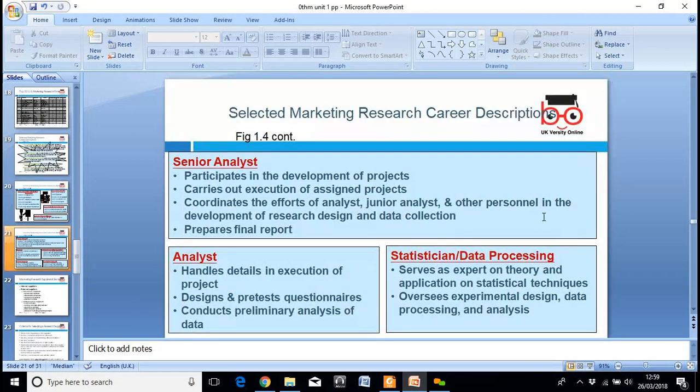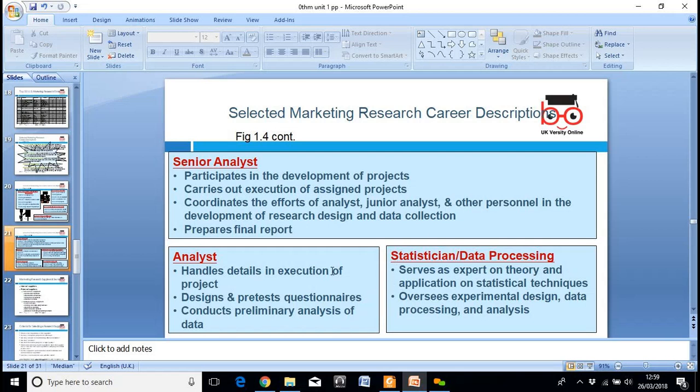We've got a senior analyst who participates in the development of projects, but also carries out the execution of them and coordinates the efforts of the analysts, junior analysts and other personnel in the development of research design and data collection, and prepares the final report. Statistician, serves as an expert on theory and application of statistical techniques. Again, nowadays that will be a very IT savvy person who learns all about processing in different ways.